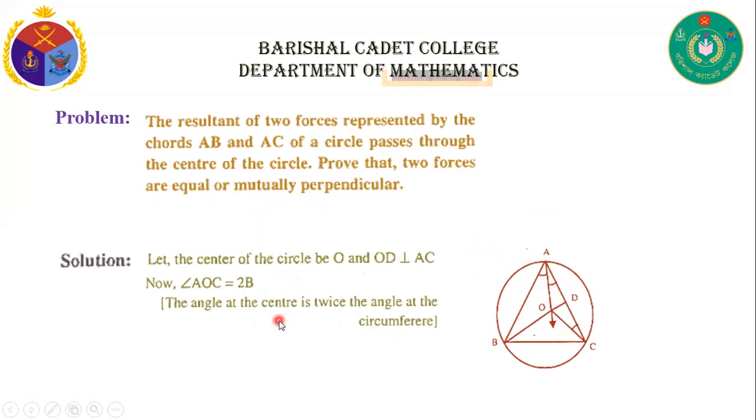We know that the angle at the center is twice the angle at the circumference. Therefore, angle AOD equals angle COD equals B. So, angle OAC equals 90 minus B.